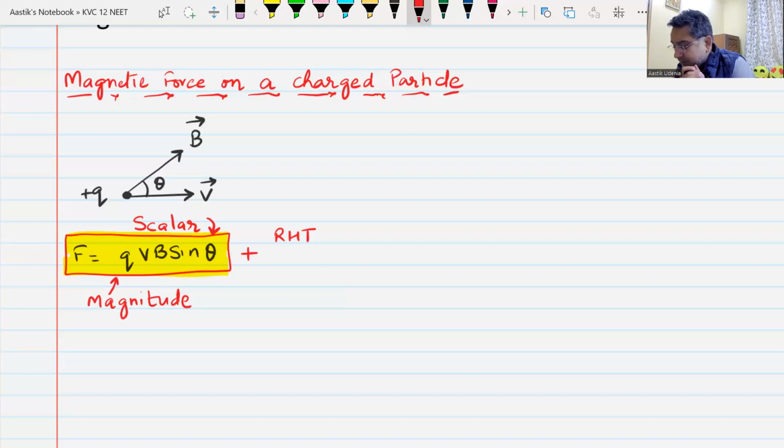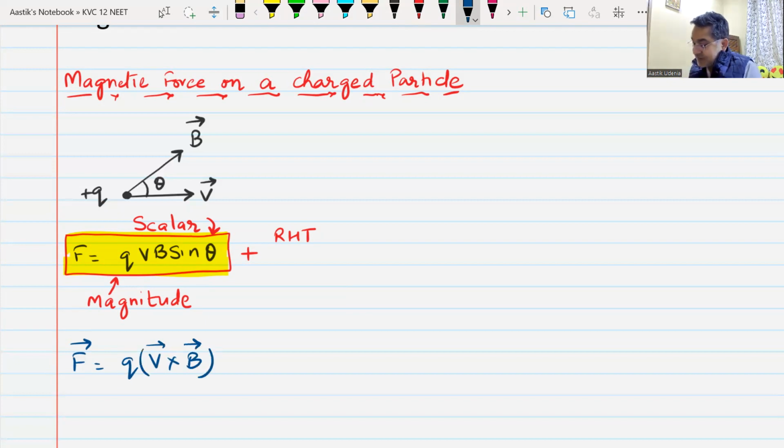So where we were, QVB sine theta is the equation that will give us the magnitude of this force. We will call it the scalar equation. If there is a scalar equation, then there must be a vector equation because force is a vector quantity. Q V cross B, that is the vector equation.